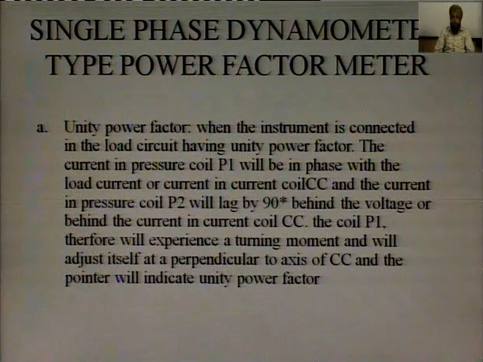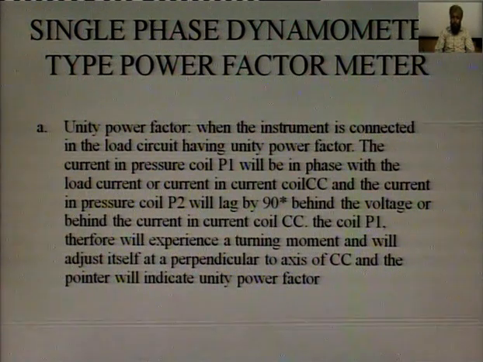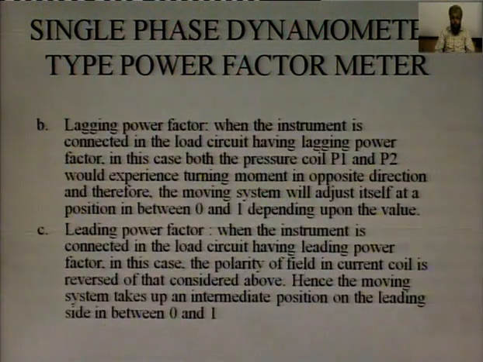The coil P1 therefore will experience a turning moment and will adjust itself perpendicular to the axis of current coil CC, and the pointer will indicate unity power factor.